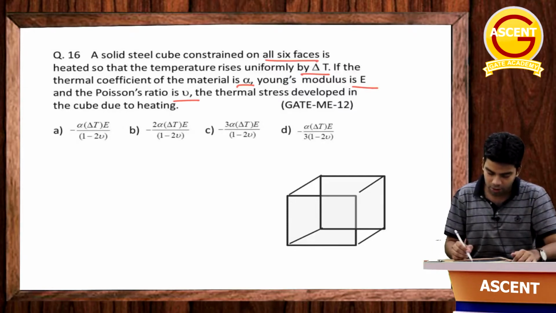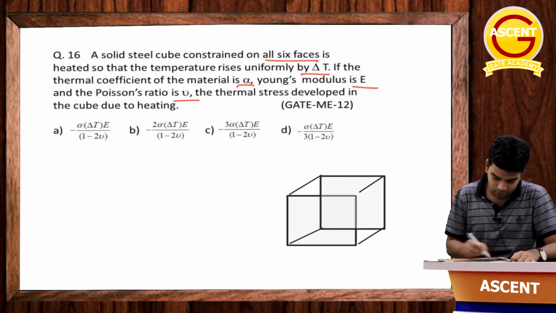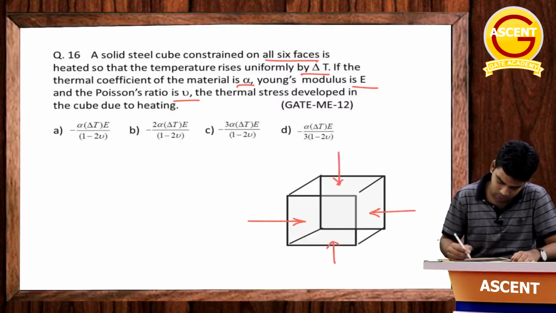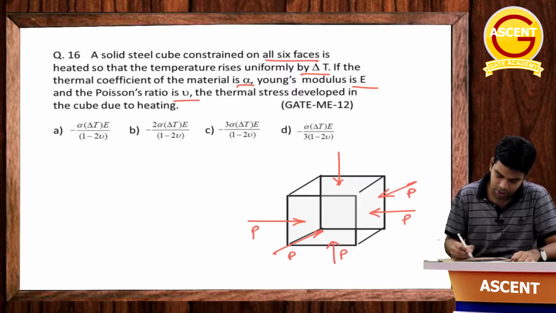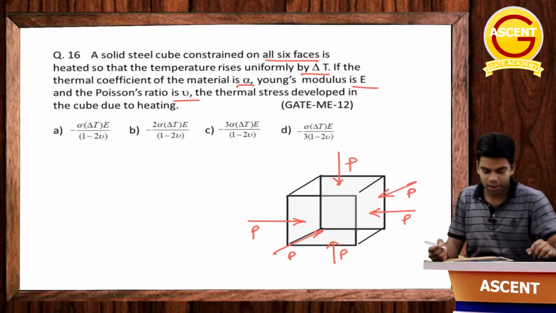Okay, so I will draw the force. Okay, so these are the forces acting at all the ends, and this force magnitude will be the same. Let's suppose that is P, and let's suppose the stress developed is sigma.